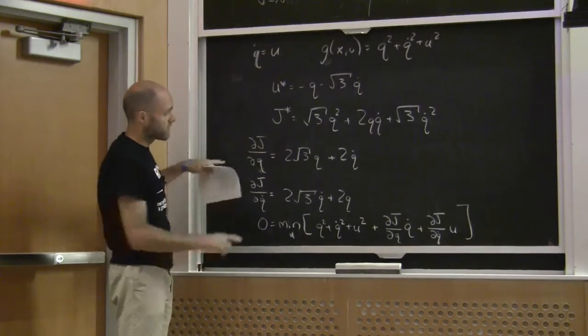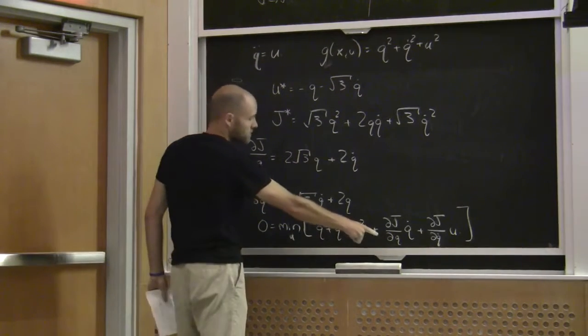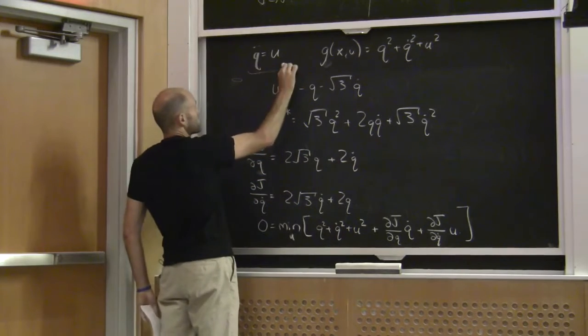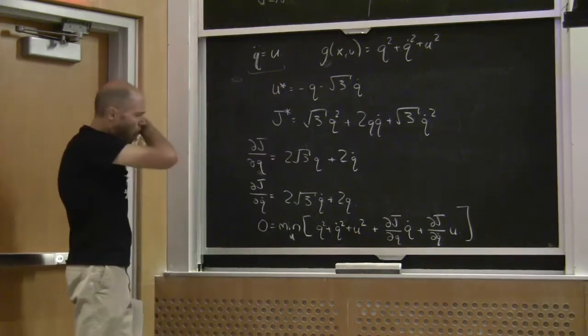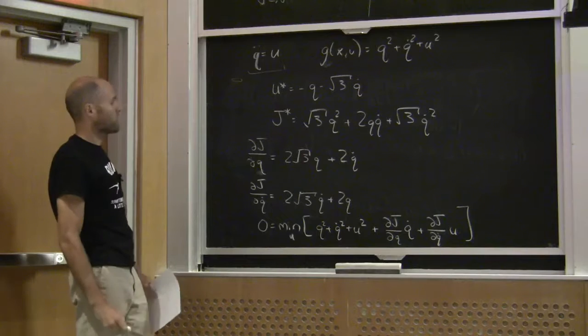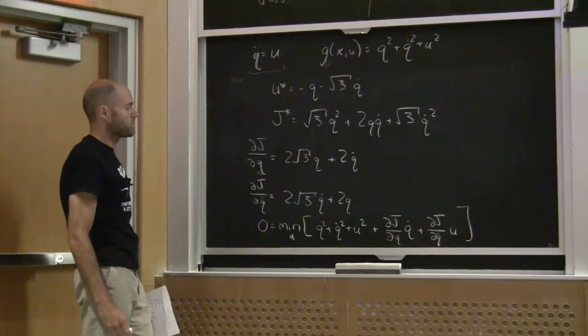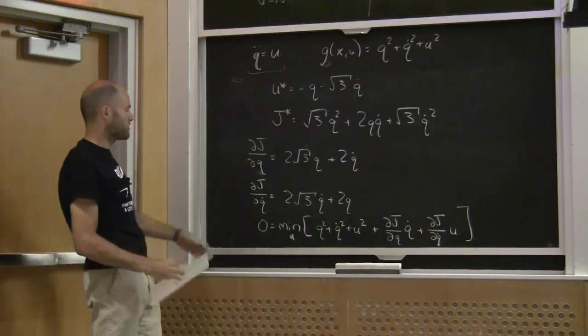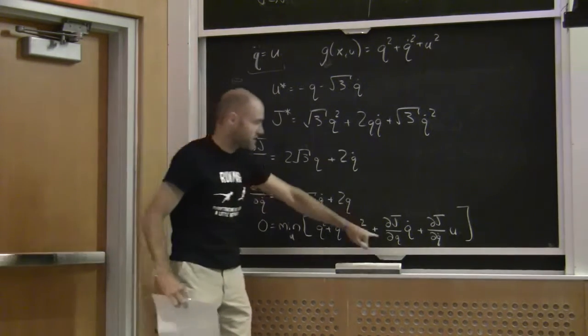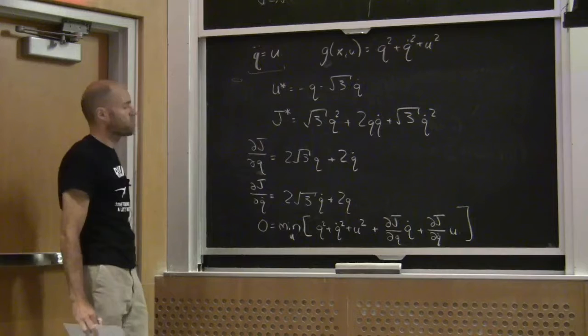I want to make sure you're comfortable with why I did that. This thing is a second order system, so its total partial j partial t has both of those elements in it.